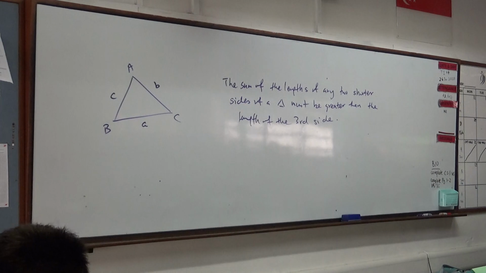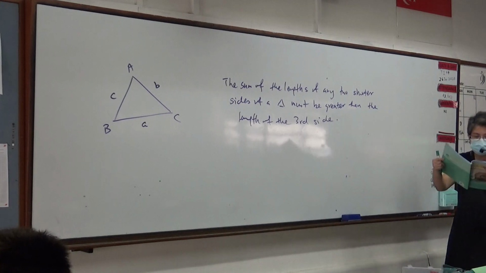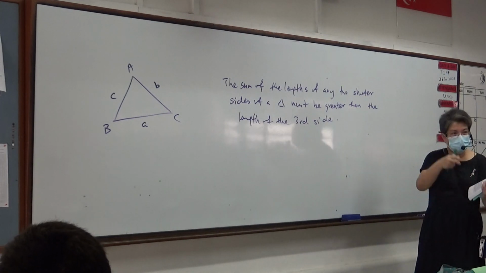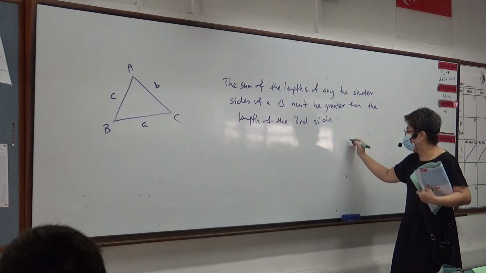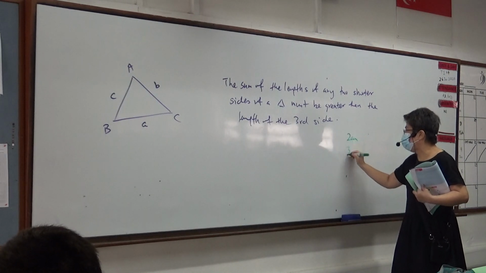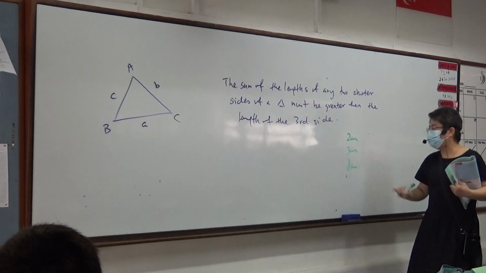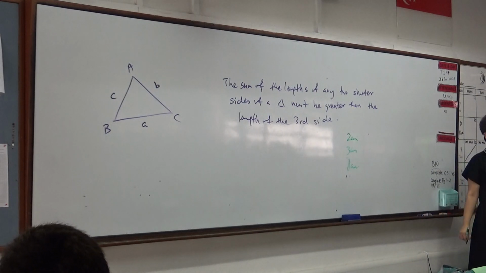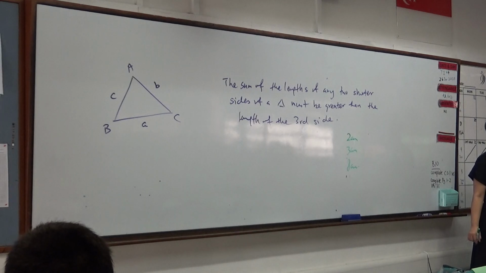Okay. For example, is it possible to draw a triangle with 2 cm, 3 cm, and 8 cm? Cannot, right? Why?